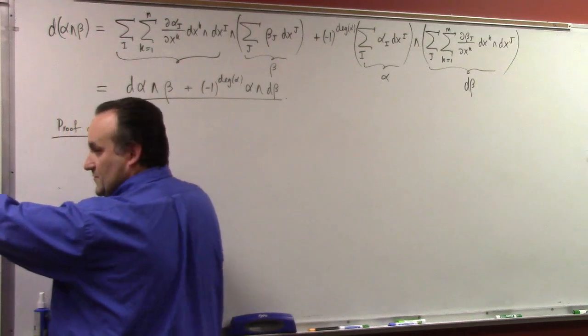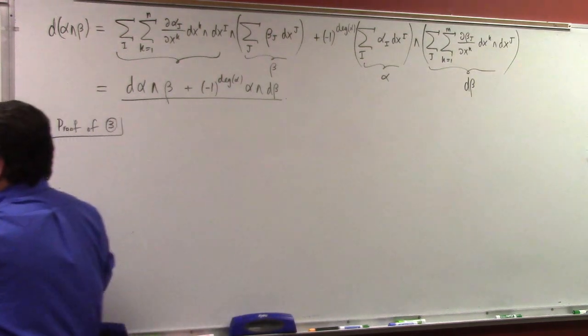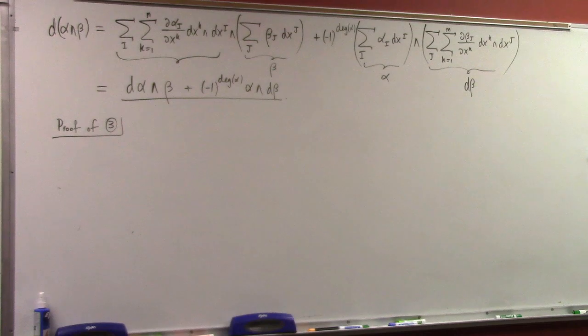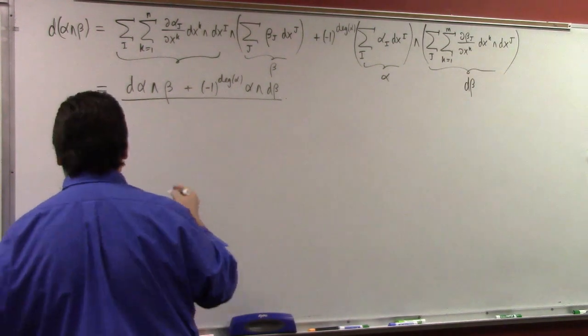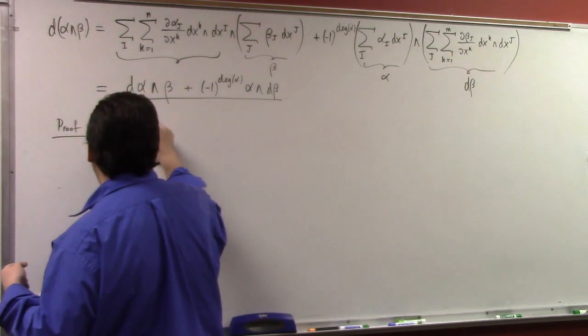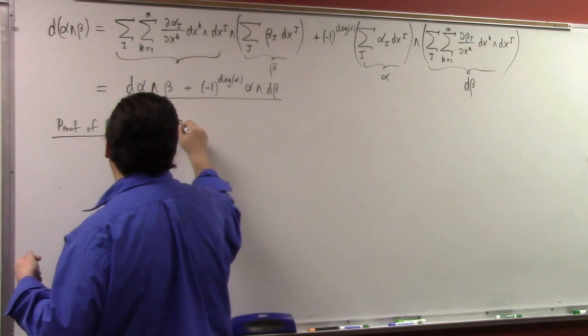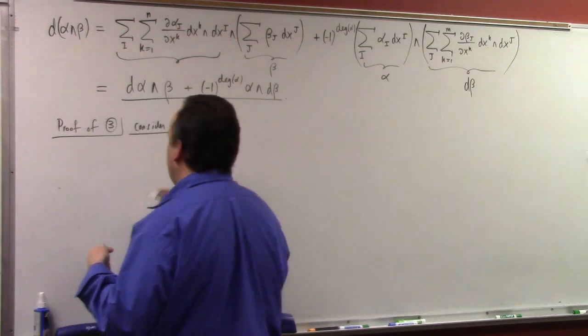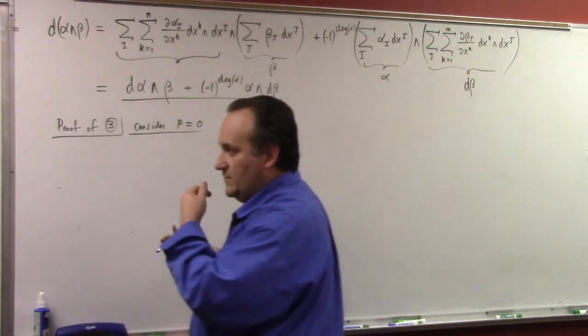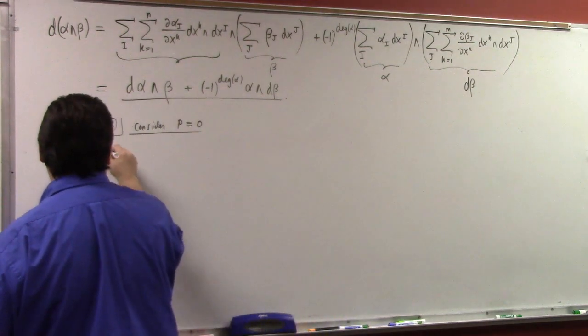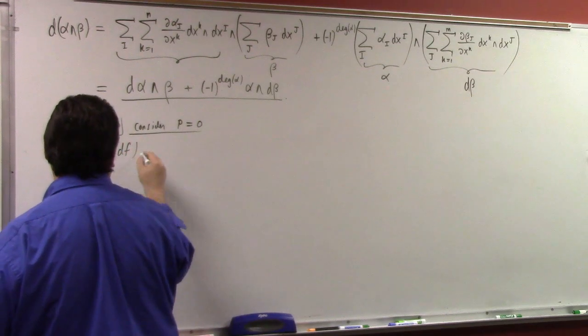What this means is, this is a notation for saying that d of d alpha is equal to 0 for all p forms alpha. So the base case would be a function, right? So consider p equals 0. So if we consider the p equals 0 form, we're looking at d of df, right?